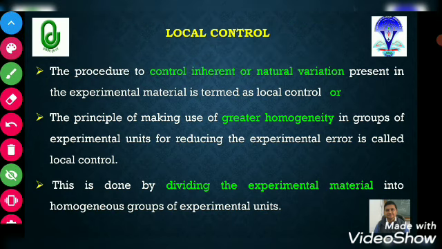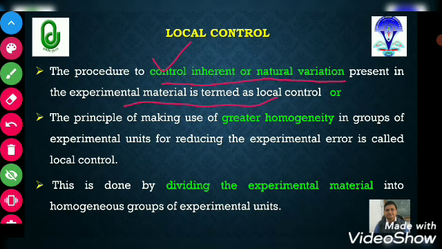So what is local control? It is the procedure to control inherent or natural variation present in experimental material. It is called local control. Many times in your experimental material there will be variation.